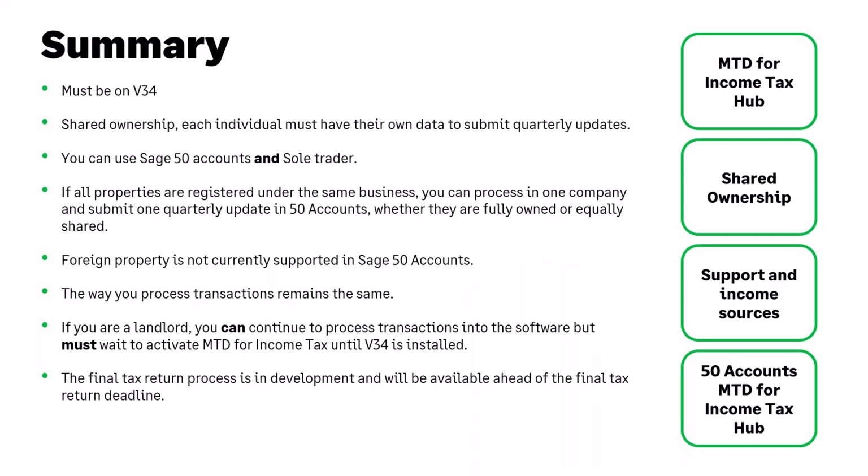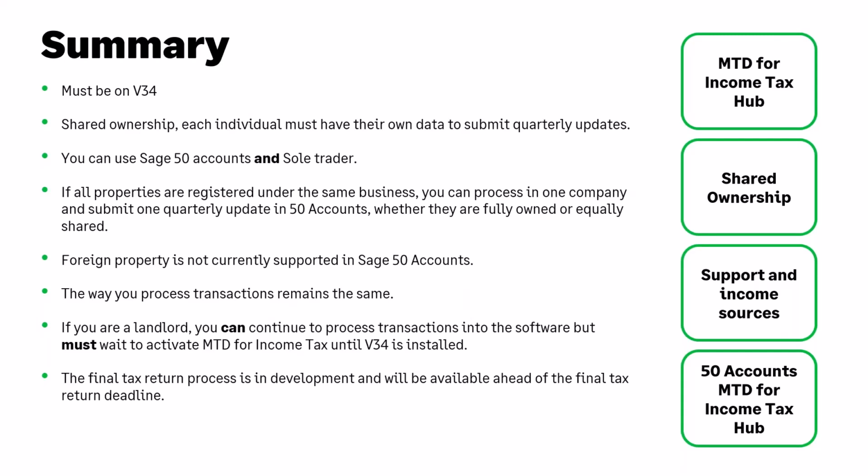Okay, so to summarize, you must be on version 34 to submit for or record for landlords. Shared ownership: each individual must have their own data to submit quarterly updates. You can use Sage 50 accounts and sole trader.